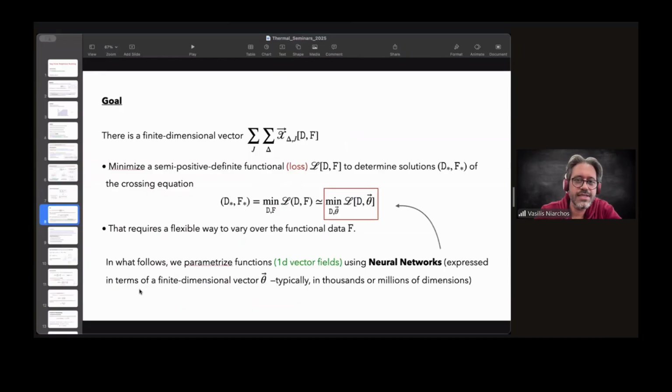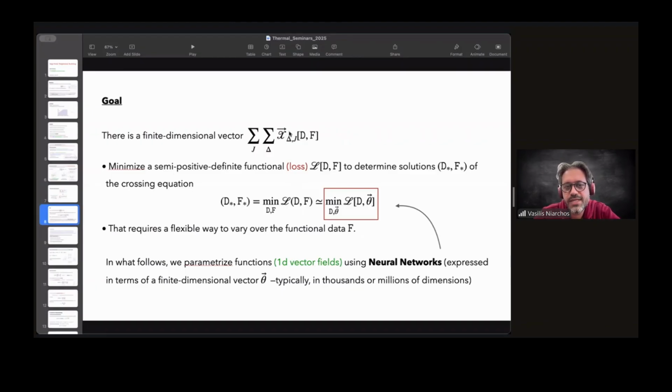Okay, so let's see, what's the goal here? There is a finite dimensional vector, here it is, that we want to set to 0. It depends on a finite number of discrete data that I call D, and a number of unknown functions, but it's a finite number of functions.